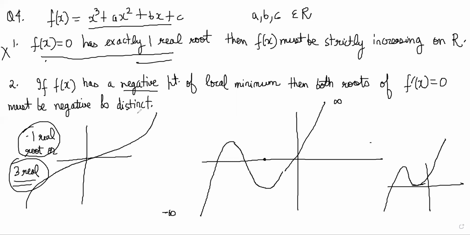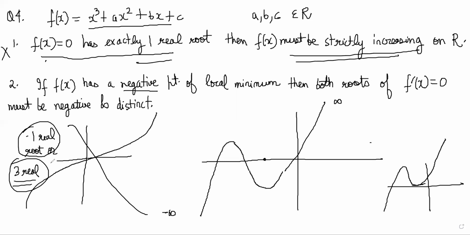In the one-real-root case, you will not get this type of graph with a local minima; it is either an increasing or decreasing function. That is the first option type of graph. Then you will never get a local minima or maxima, obviously.